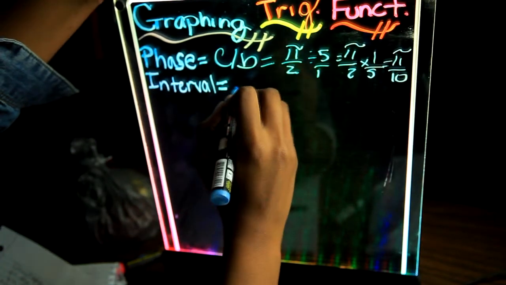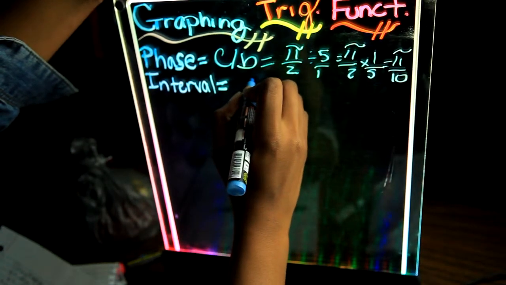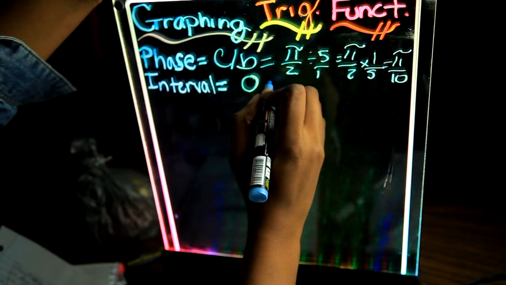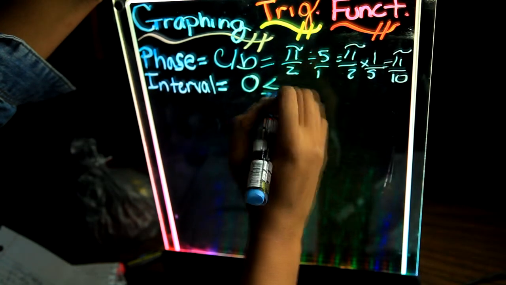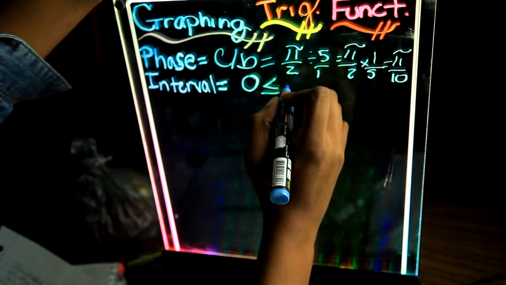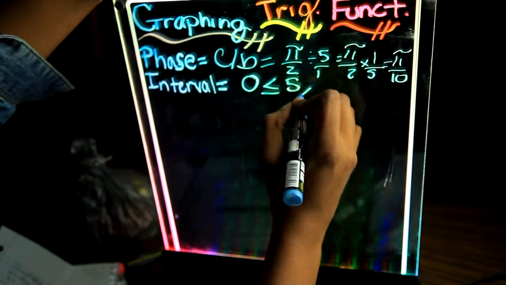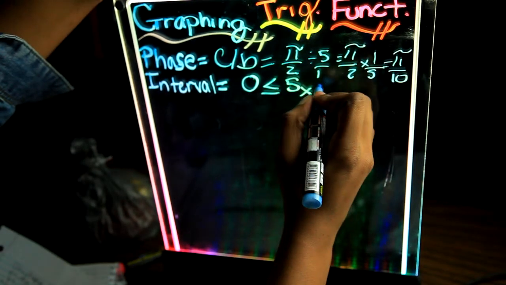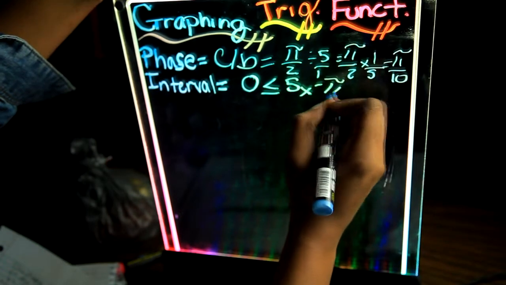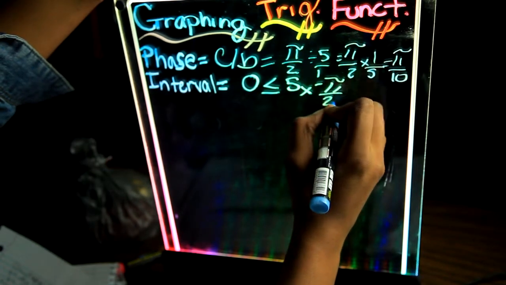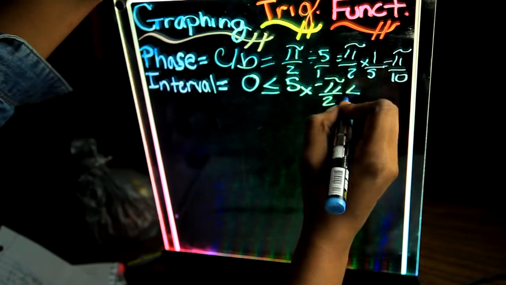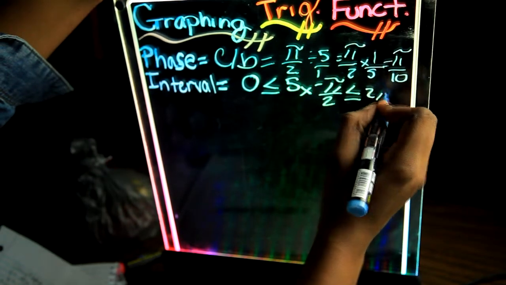To find our interval, we're going to start with our equation. 0 is less than or equal to 5x minus pi over 2 is less than or equal to 2 pi.